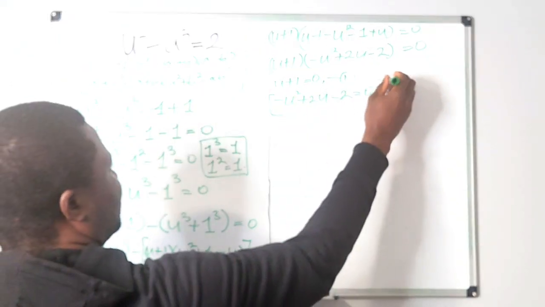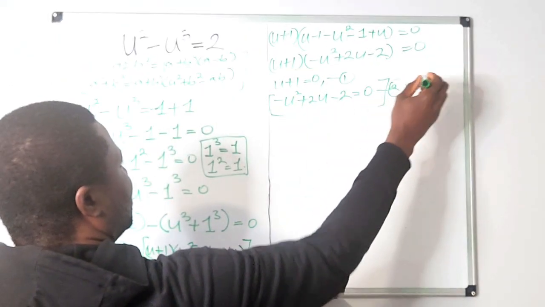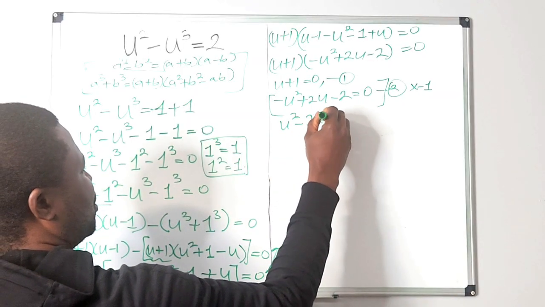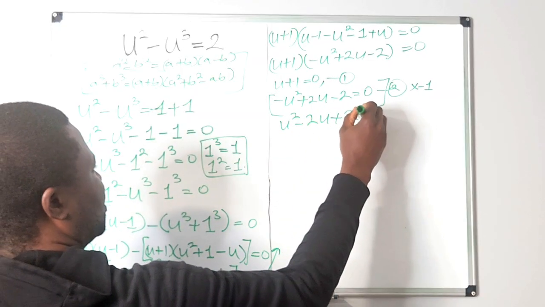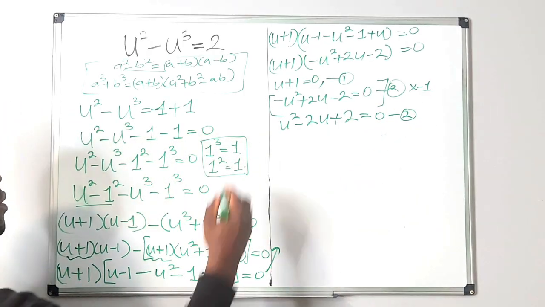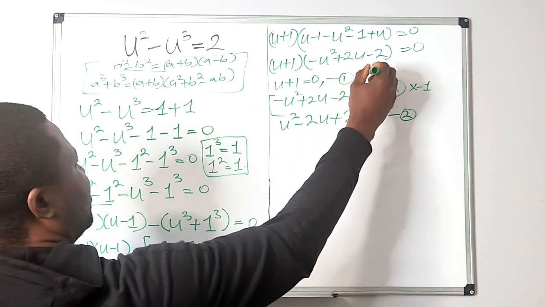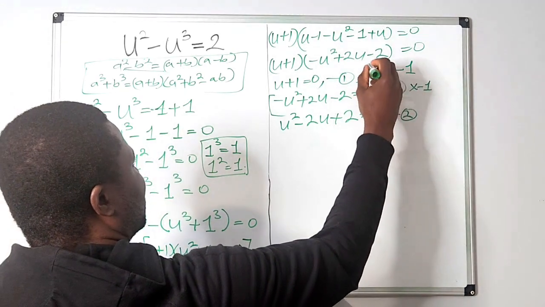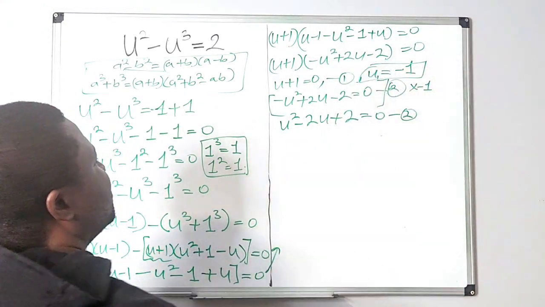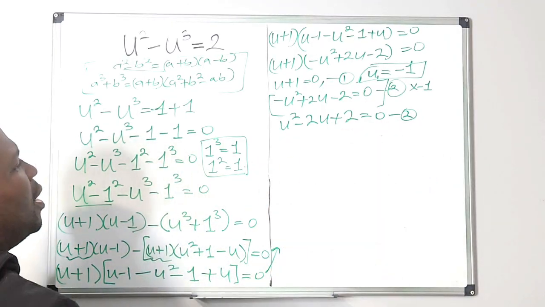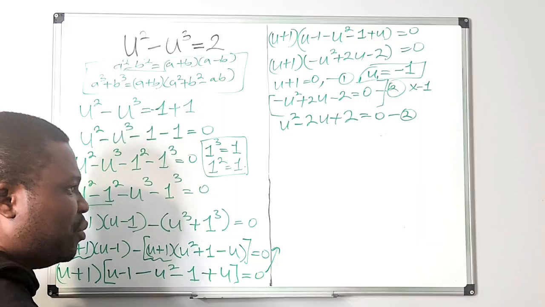By minus 1, and this becomes u squared minus 2u plus 2 equals 0. Now, from equation 1, u is equal to minus 1. That's our u1. So now let's find our other values for u.